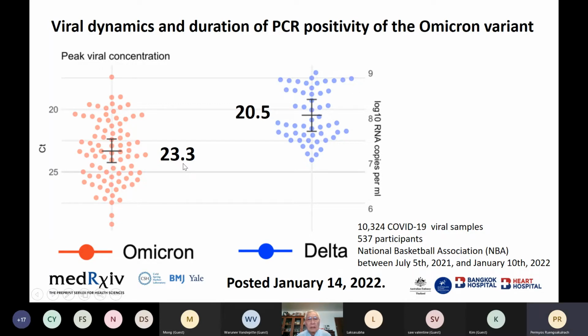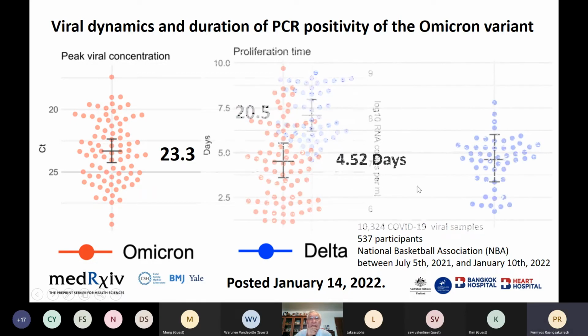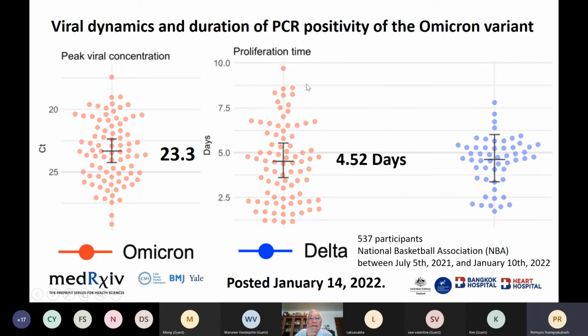But for Delta, in contrast, the CT number is low, so the viral RNA is high, okay? You follow me? Okay? But the proliferation time, the time from when the patient has the virus until its peak, is about 4.5 days. It's the same between Omicron and Delta.